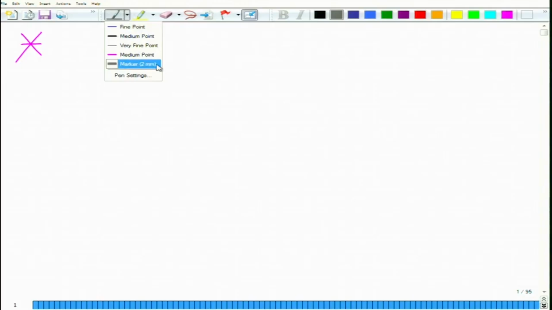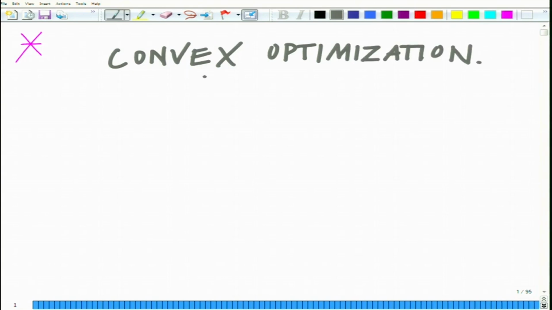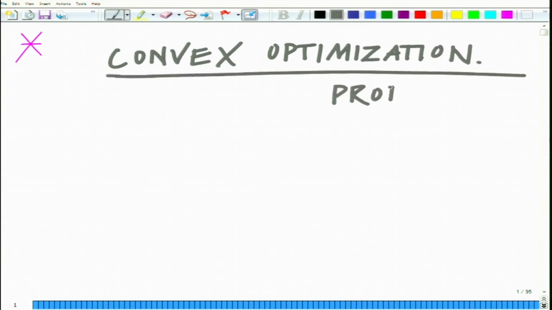So let us begin our discussion on the formal framework of a convex optimization problem.